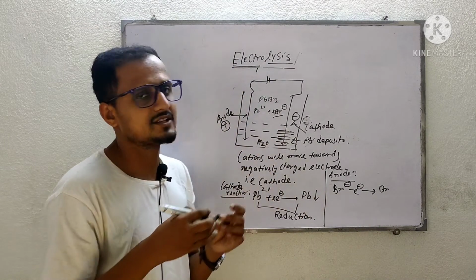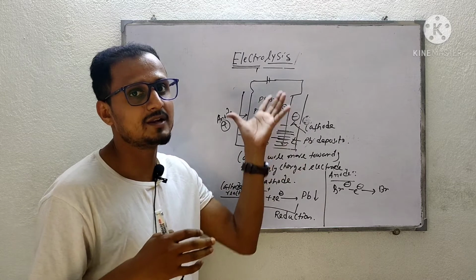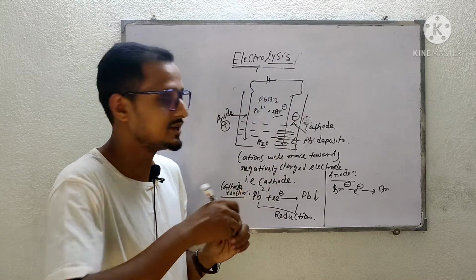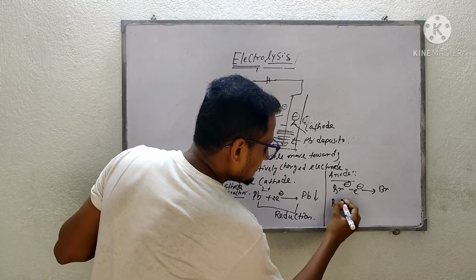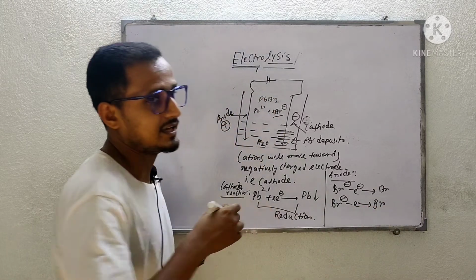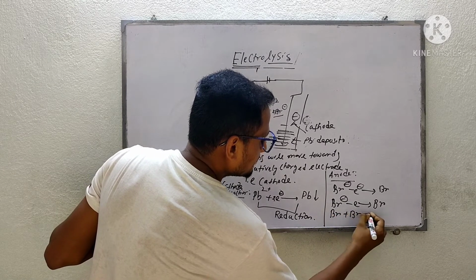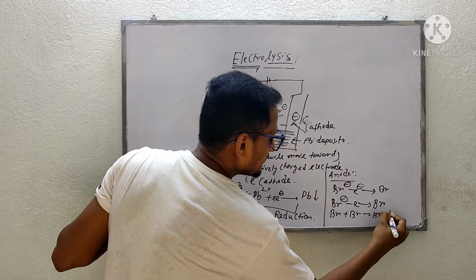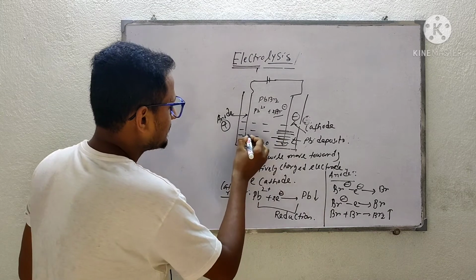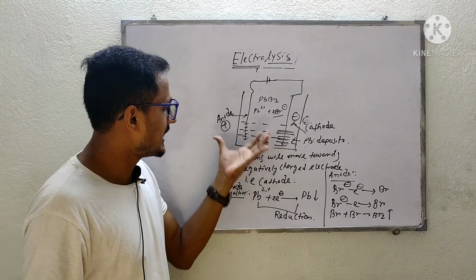Now there are so many Br- ions. I have written 2 Br- here. You know this is an ionic compound. Another Br- ion will go to the anode and release another electron to form Br. Now these two Br will join to form bromine gas and it will be released from the anode.